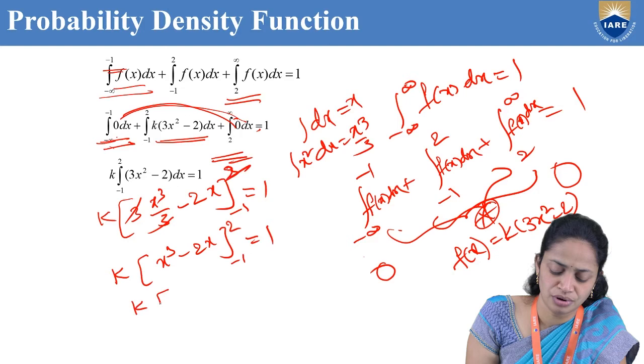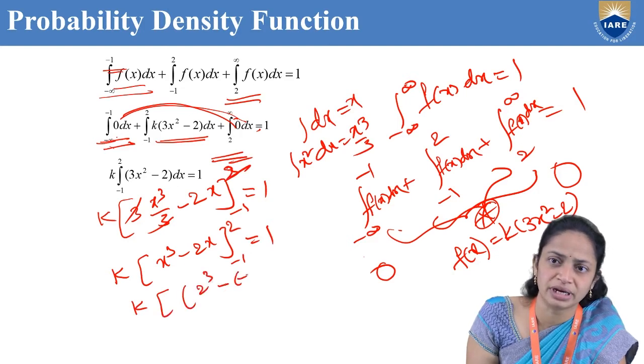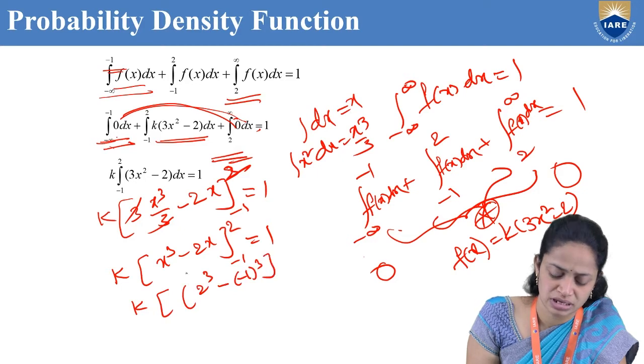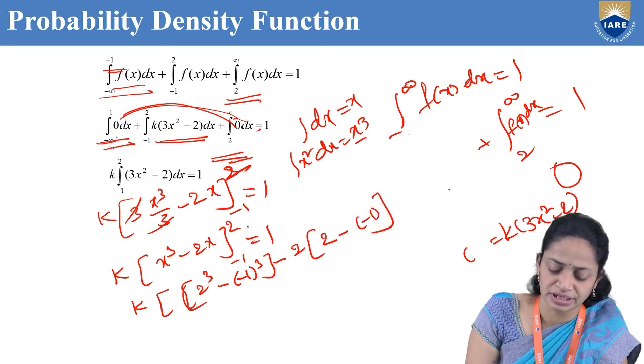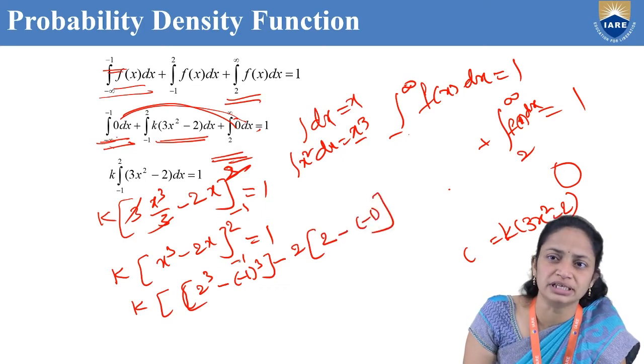So k into, first we have to substitute the upper limit, that is 2 cube, minus the lower limit, minus 1 cube. Then minus, for the 2 into x part, you can keep the 2 outside: upper limit 2 minus lower limit minus 1. Here the upper limit is 2 and the lower limit is minus 1.